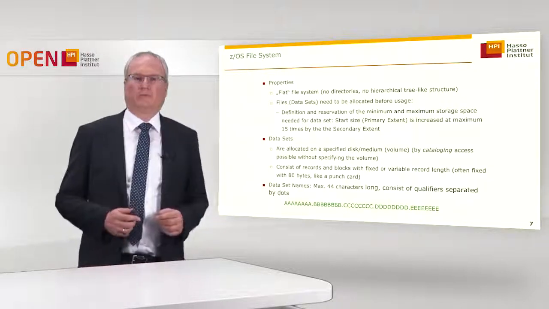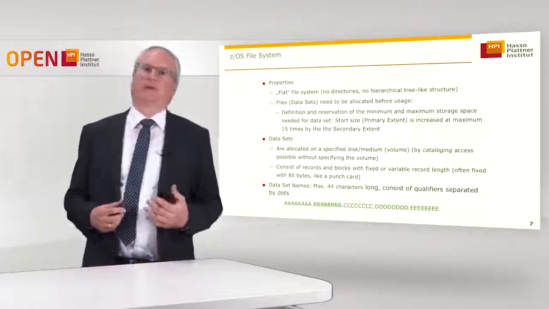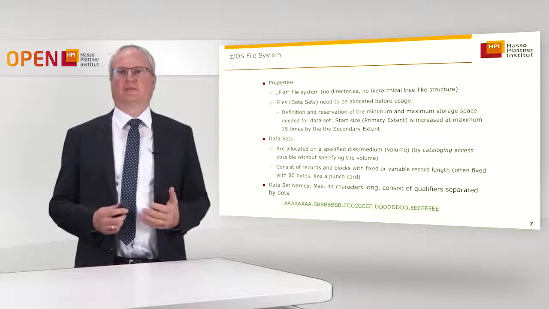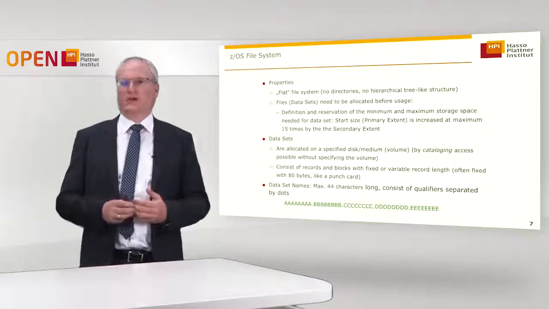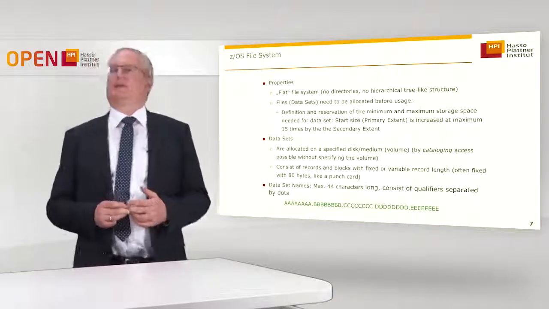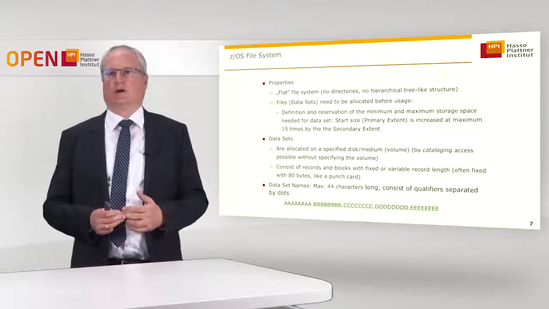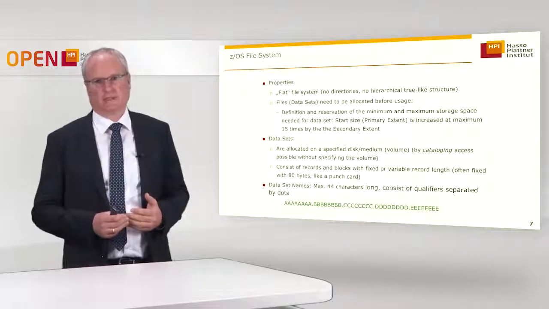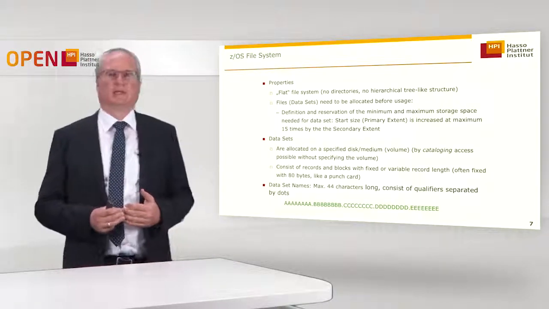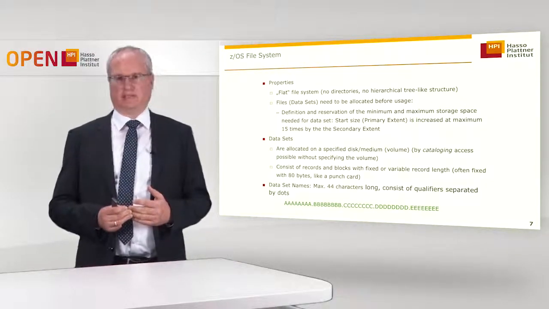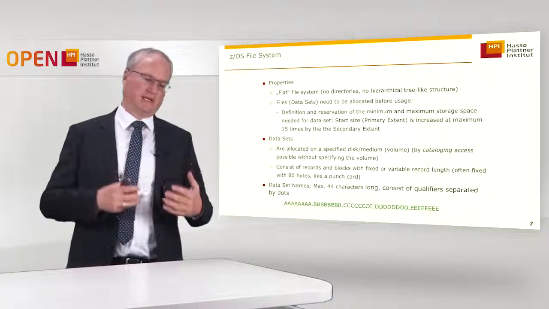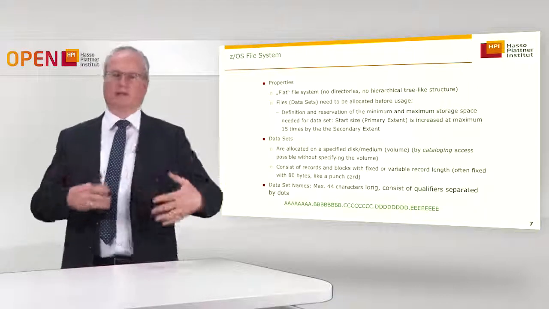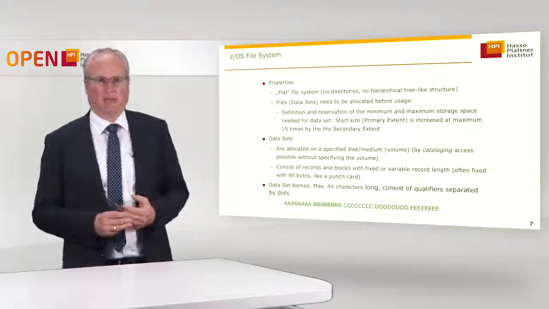The file system of zOS is special compared to file systems of operating systems that are more common to us, like the file systems of Linux, Windows, or Unix operating systems, which are all hierarchical file systems, meaning they have folders or directories containing files and other folders and directories containing files, so they have a hierarchy.